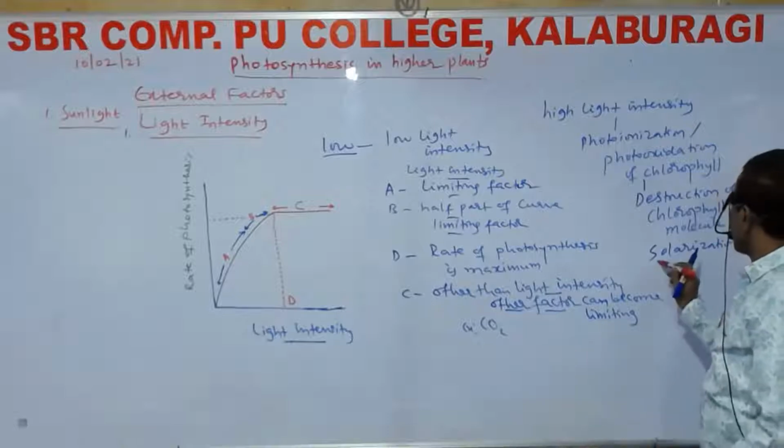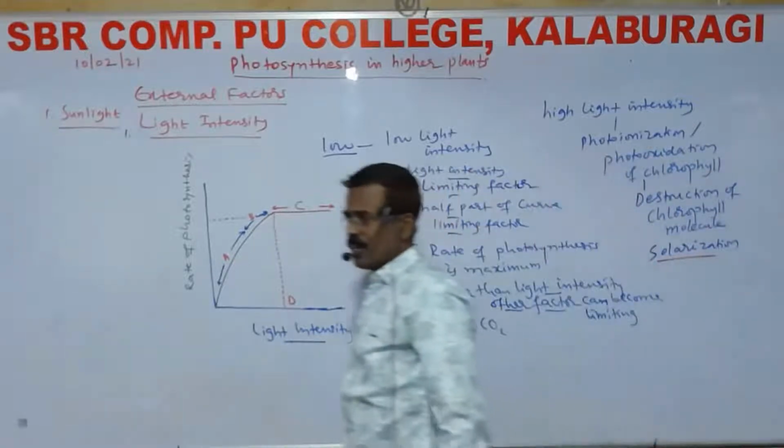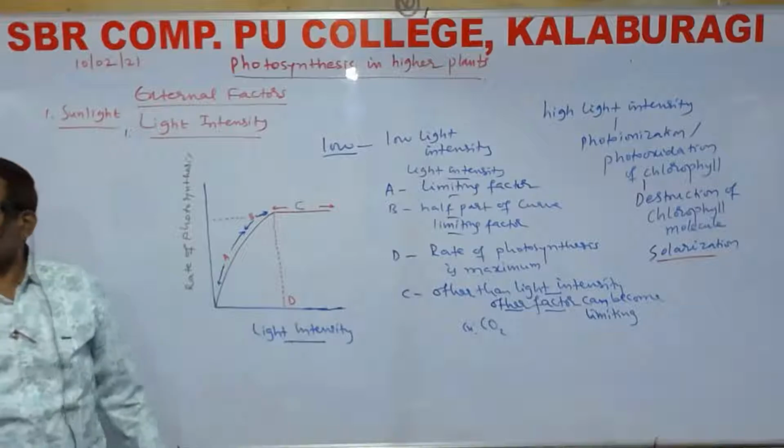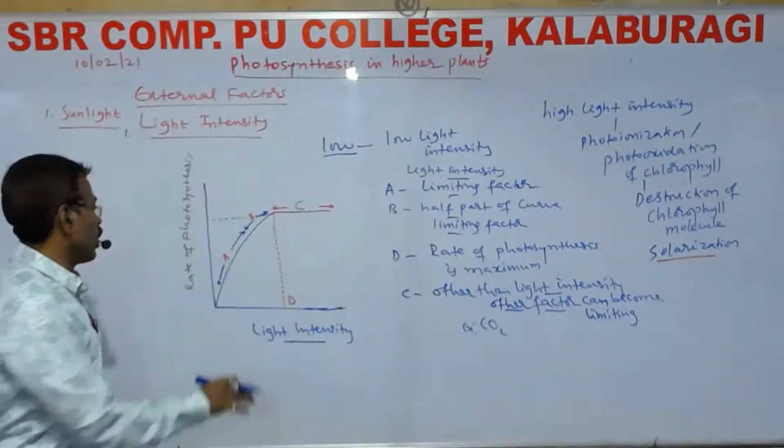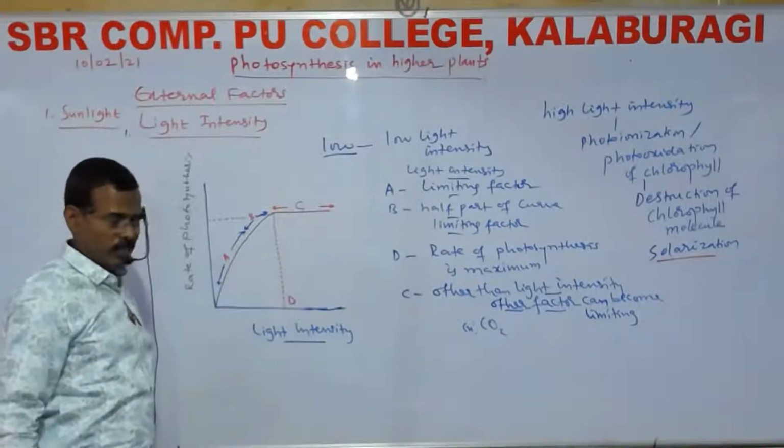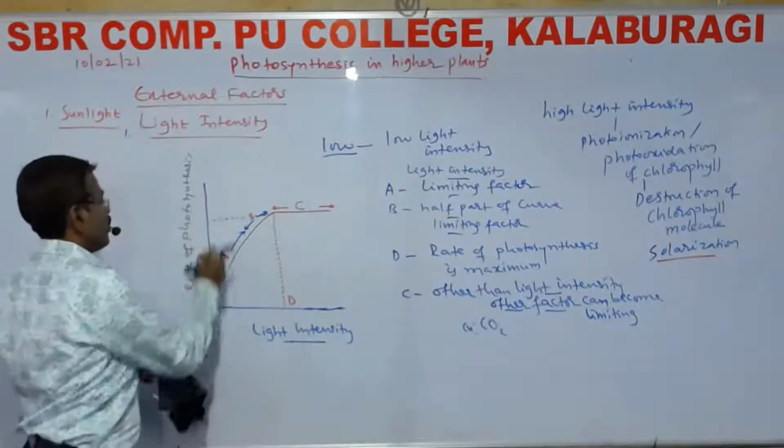So these effects will be there of high light intensity. That's why high light intensity beyond the permissible level is not advisable for the rate of photosynthesis. It is represented as E.